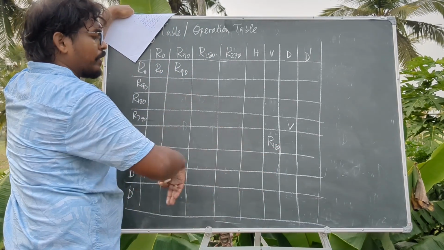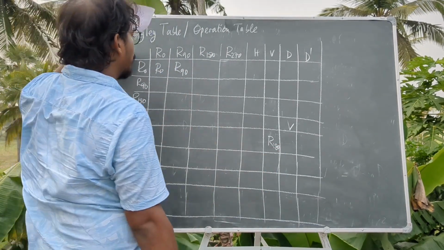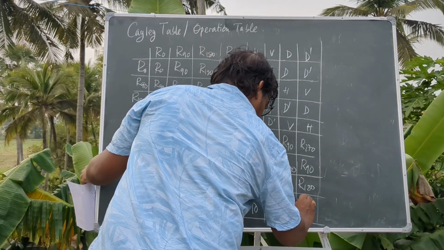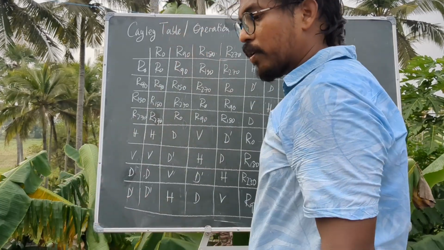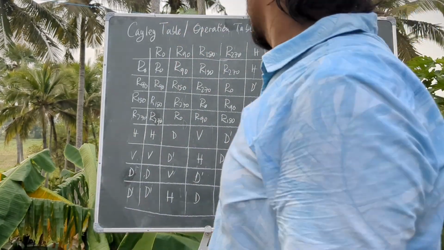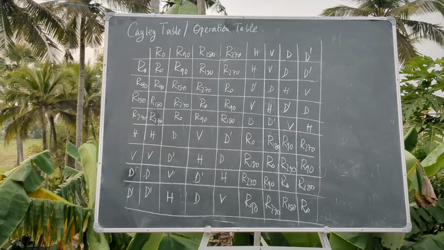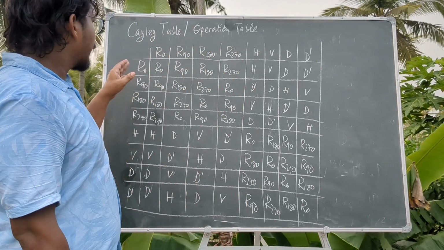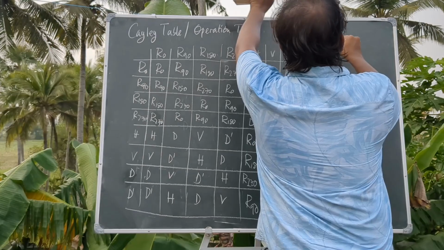And you can fill this table on your own, you don't have to memorize. So this is our Cayley table of our set of motions with the operation of composition.